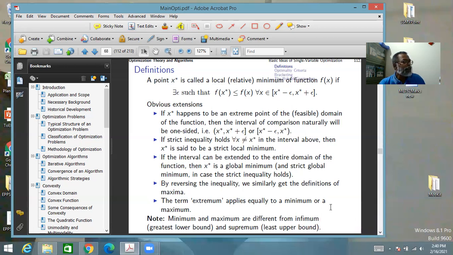Now, in mathematics, there are two terms which are close by. Do not get confused with them. One is infimum, which is close to minimum, and another is supremum, which is close to maximum. Infimum is known as the greatest lower bound.